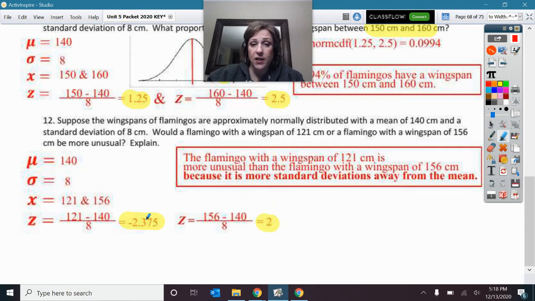So that is the one. The flamingo with 121 is more unusual because it is more standard deviations away from the mean. You have to say that when it is asking you to explain, which if it's a free response, it will.